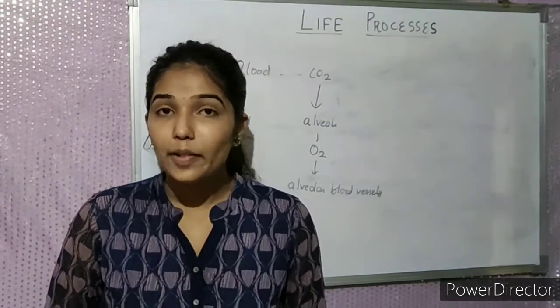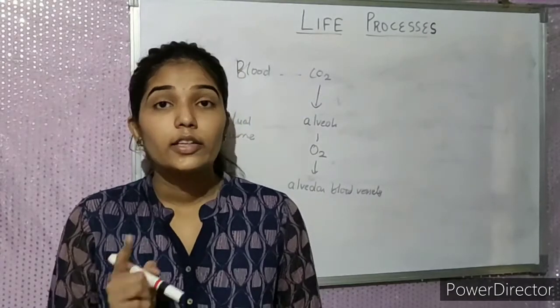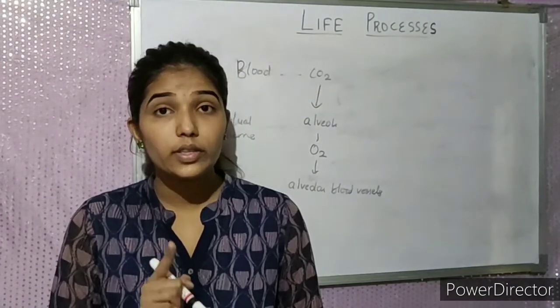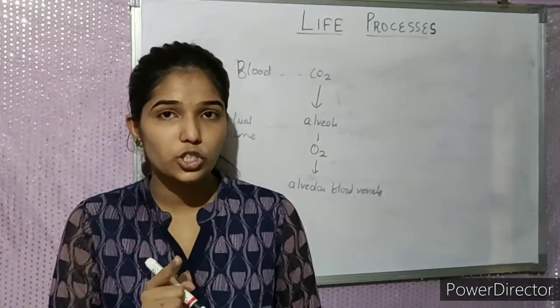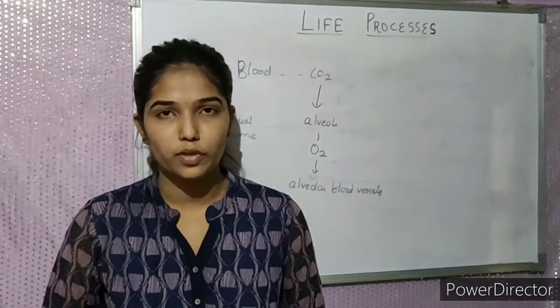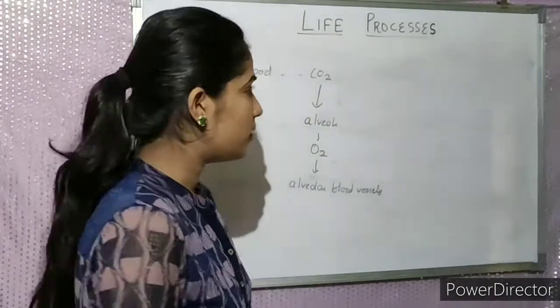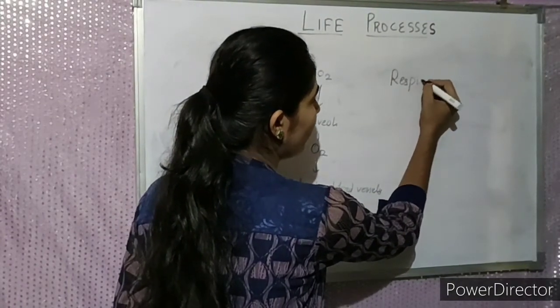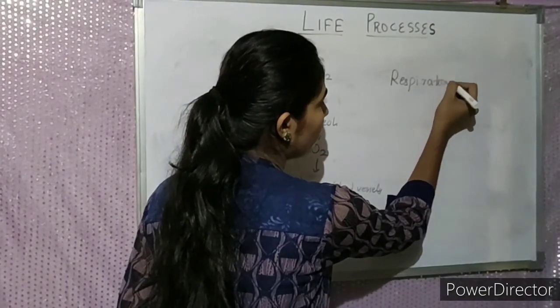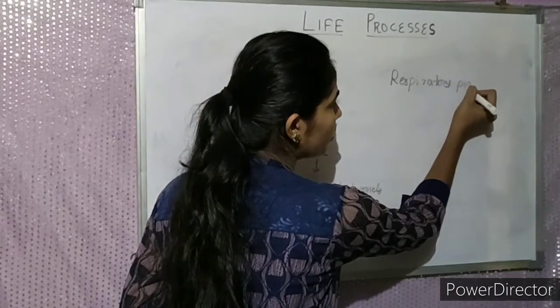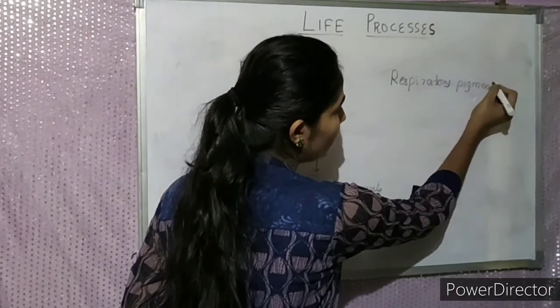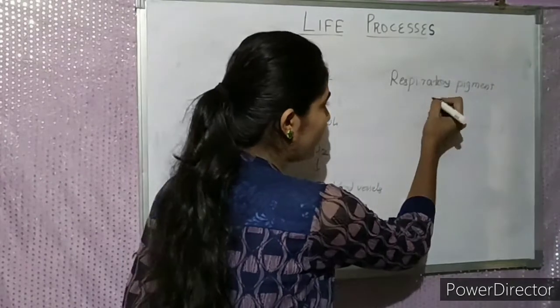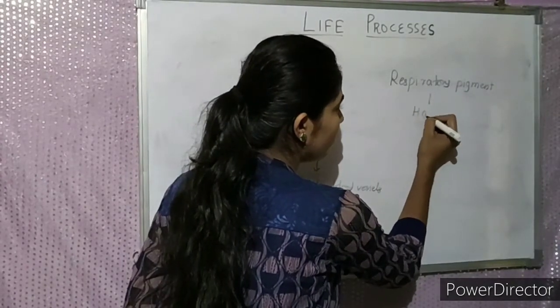And now when the animal size is large, the diffusion pressure alone cannot transport the oxygen to the different parts of the body. So it requires a respiratory pigment. In human beings, the respiratory pigment is hemoglobin.